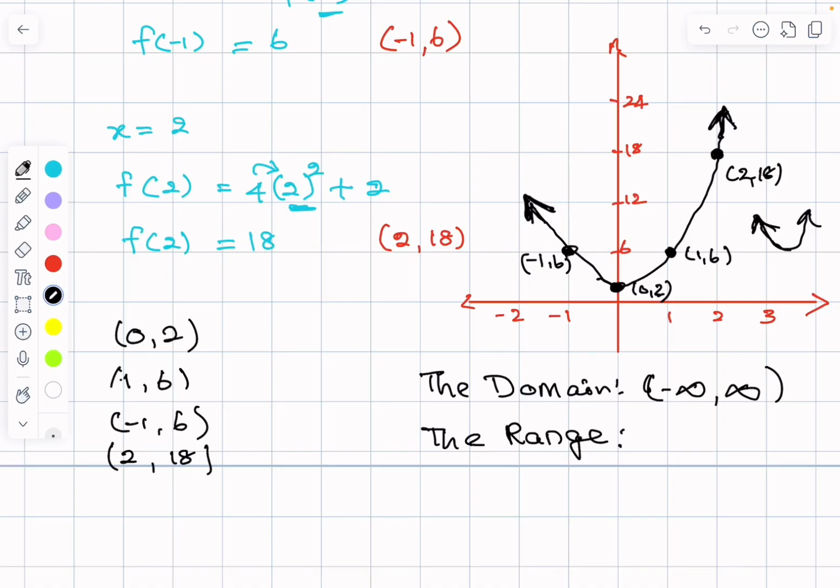See, the lowest point is when x equals 0. We already found f of 0 equals 2. So that means the function never goes below 2. From there, the value goes higher and higher as x moves in either direction.